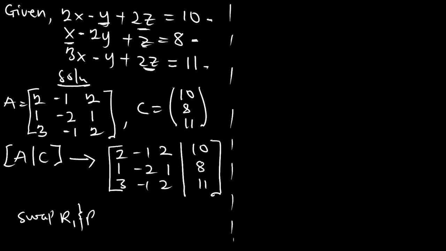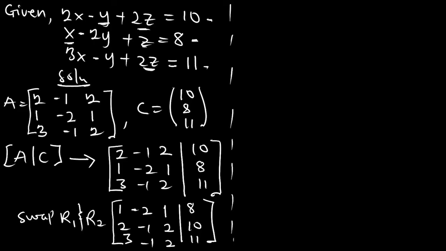So everything on row 2 is going to be on row 1. That is 1, negative 2, 1. Row 1 is coming to row 2, and that is 2, negative 1, 2. Row 3 is going to be the same, 3, negative 1, 2. And here we have 8, 10, 11.